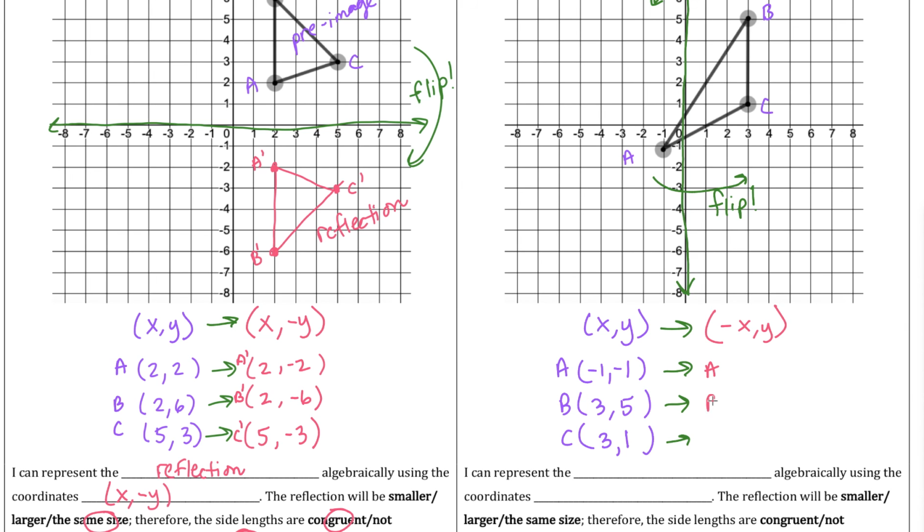We get A prime, B prime, C prime. So remember, this is the x. Well, let's start with the y's. The y's are the same. So -1, 5, 1. But the x's are opposite. So see how this is a -1? It becomes a positive. This is positive. It becomes a negative.